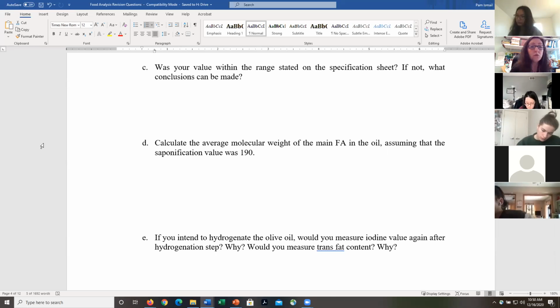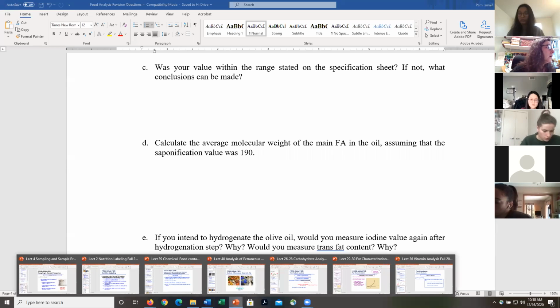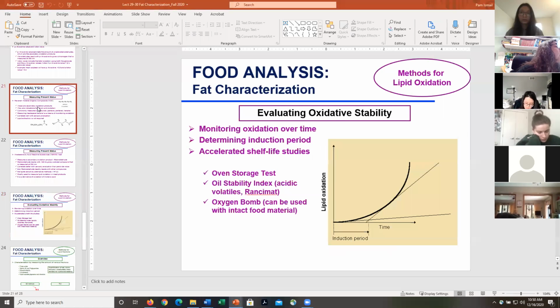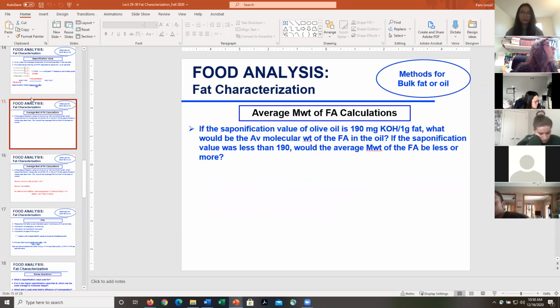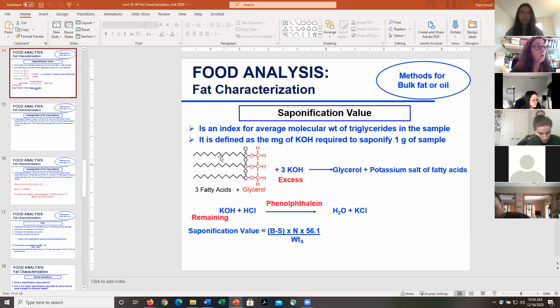So here you really have to remember how to get the molecular weight of triglycerides. So you have to remember your equation. Let me go back here. Fat characterization, where is it? So here you really have to remember that you have 1 mole of triglycerides.